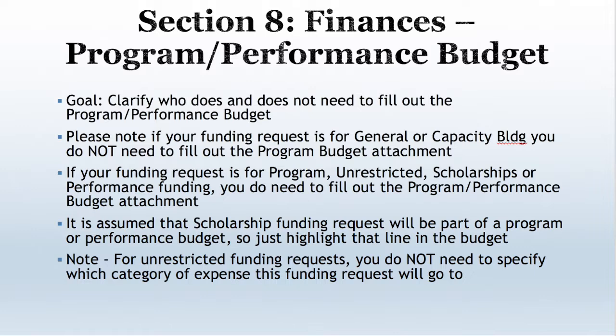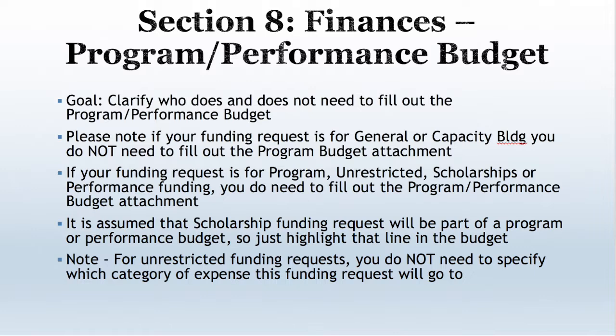If this budget request is for a program funding request, but the request is only applying to one section of your programs or one of your programs, please only write a budget that's specific to that program. So for example, if you run both after-school programs and summer programs, and this funding request is specifically for summer programs, only include your summer program budget.